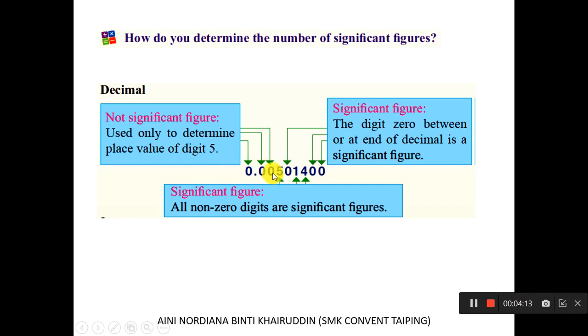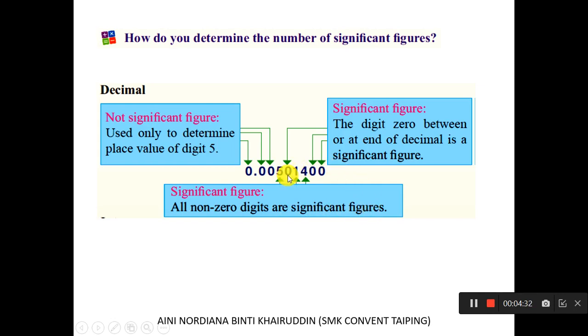After the zeros here, you have the digit 5. So this is a significant figure. Okay, all non-zero digits are significant figures.